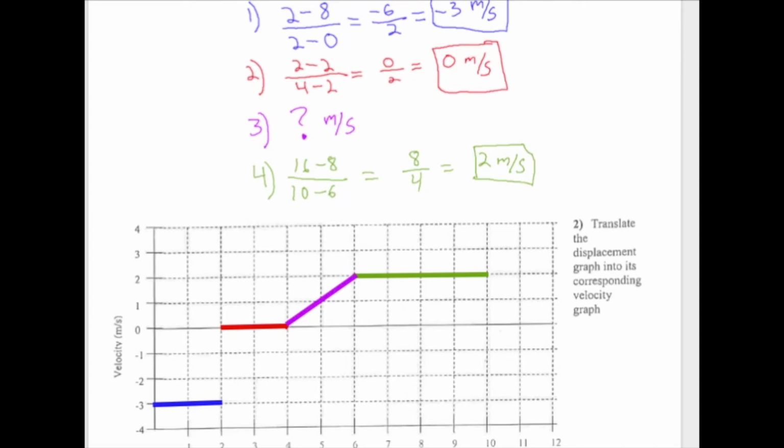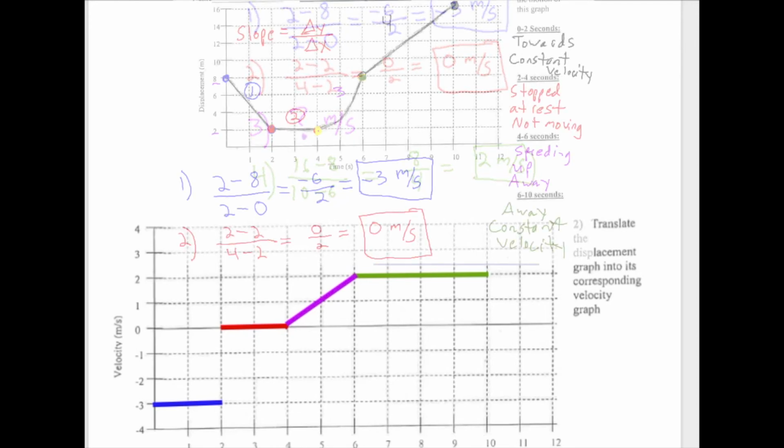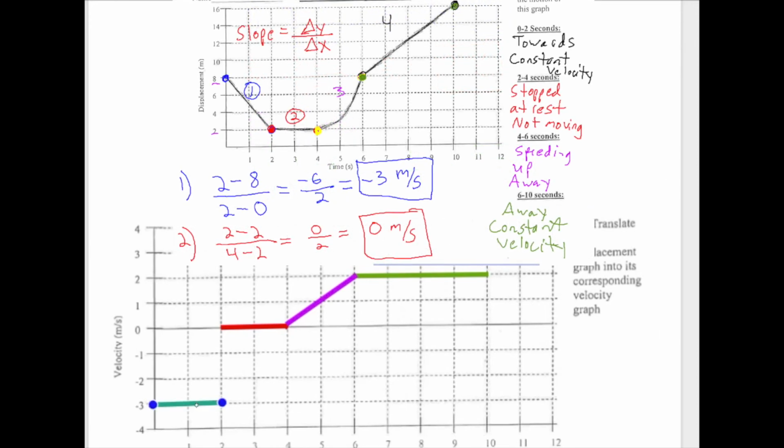After we've graphed all the slopes that we found out from our displacement versus time graph onto our velocity versus time graph, because again, the slope of displacement versus time is velocity, we can go ahead and check this graph by looking back at what we said the motion looked like on that displacement time graph. So if I look, I said from 0 to 2 seconds, my object had a constant velocity towards the origin.